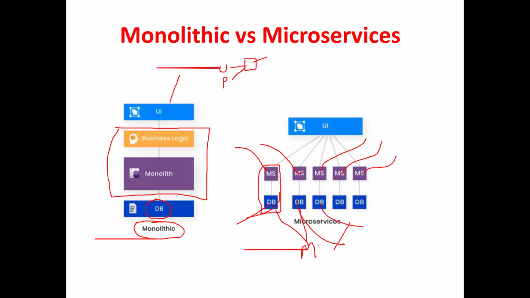In real time, it can be MySQL, it can be Oracle, it can be different MySQL instances. It can be any database. One microservice can talk to a Mongo database, another microservice can talk to a different database. Here, databases are independent. There is no communication between them.